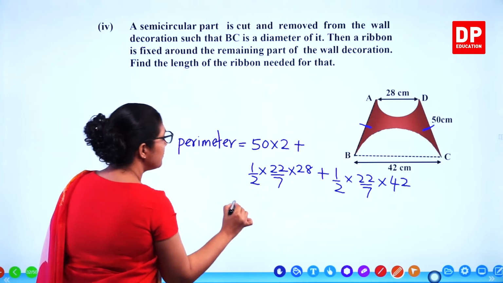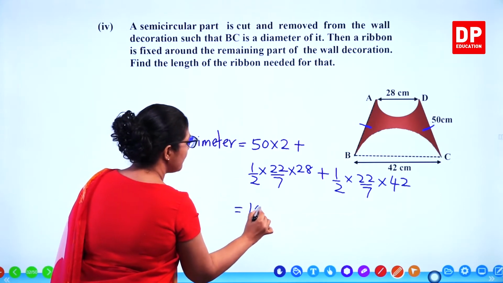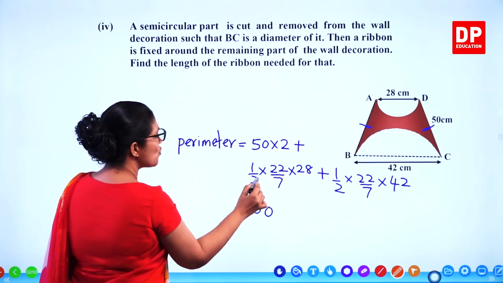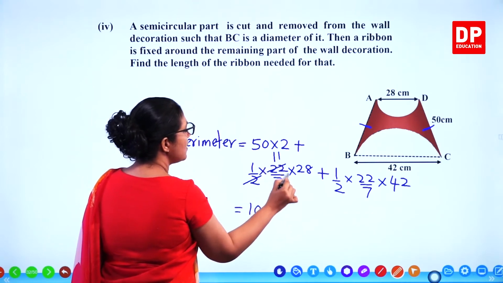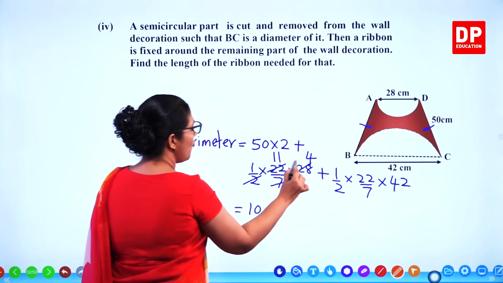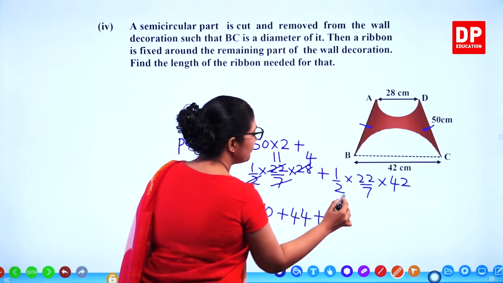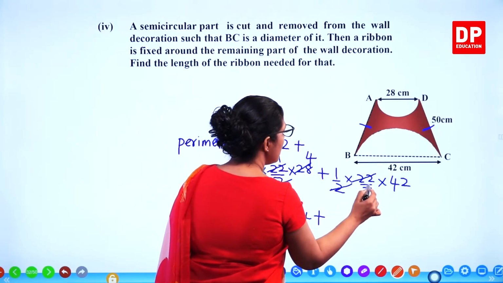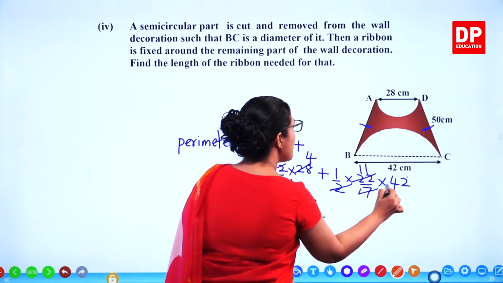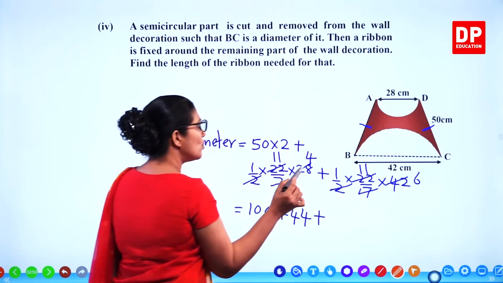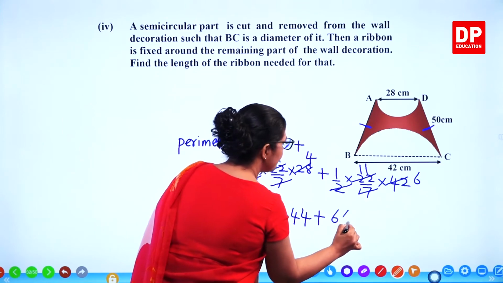Now simplify. 50 times 2, 100. Here you get 11, 7 times 4, that's 44. This one, 2 here, that's 11. 7 times 6, 42. That's 66.